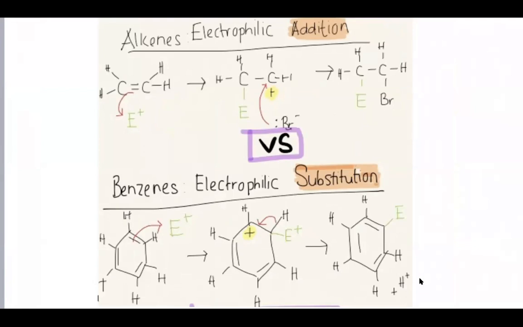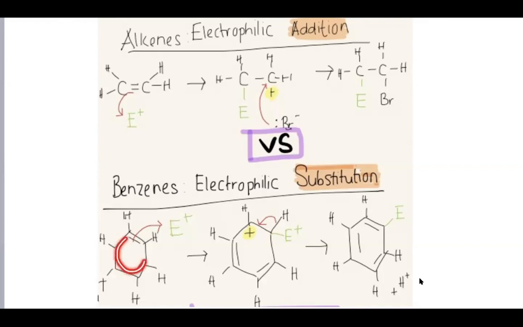Now, the way that I have drawn the mechanism of benzenes, this is not how I expect you, or how CIE expects you to draw it. Why? Look at the structure of the benzene. It is drawn as a hexagonal ring with alternating single and double bonds. That's not how you draw your benzene.